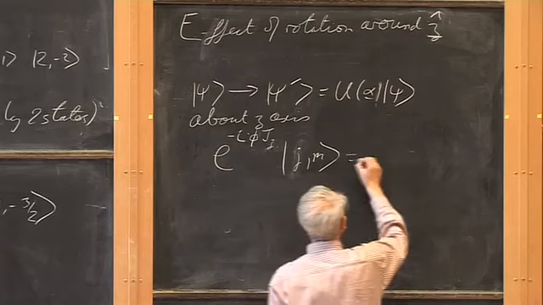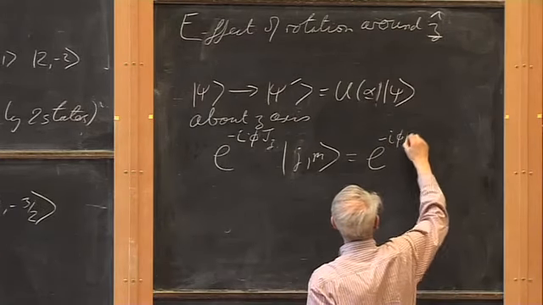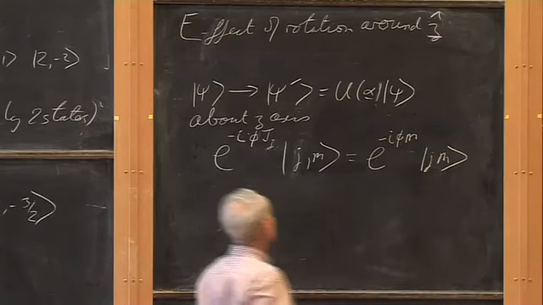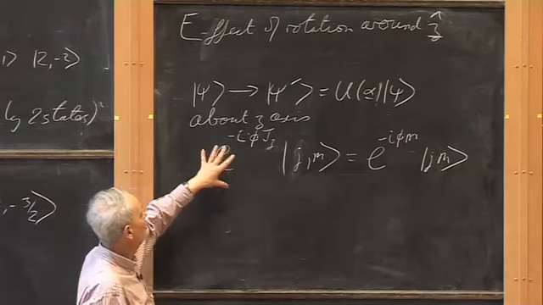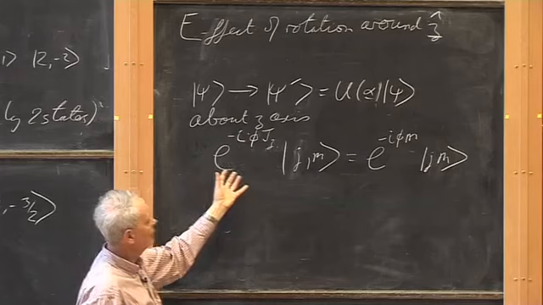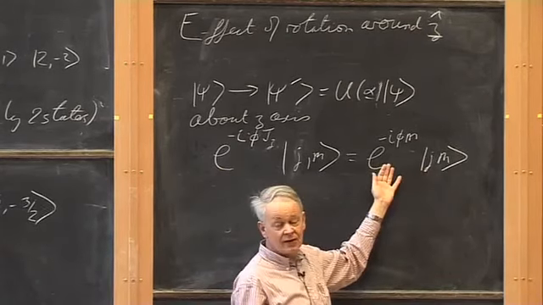So this is e to the minus i phi m times jm. When you rotate one of these eigenstates using this rotation operator, it produces the same state multiplied by this phase factor.